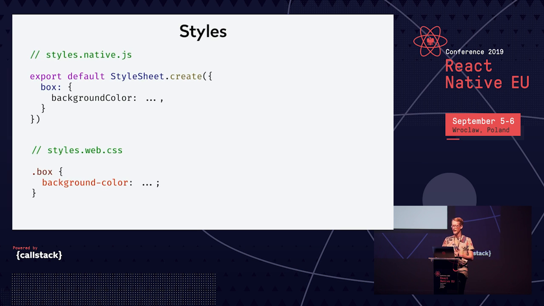But it doesn't tackle defining styles themselves. So what we do right now is we'll have a styles.native.js file that just exports a standard style sheet. And on the web, we'll have a CSS file. And we use PostCSS in the Webpack configuration so that you can actually import styles from styles in the component, and Zacs knows what to do.